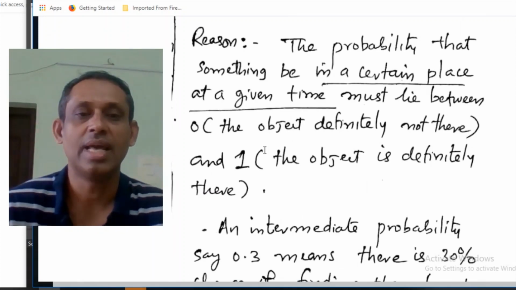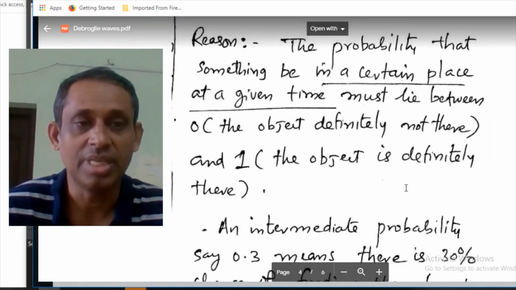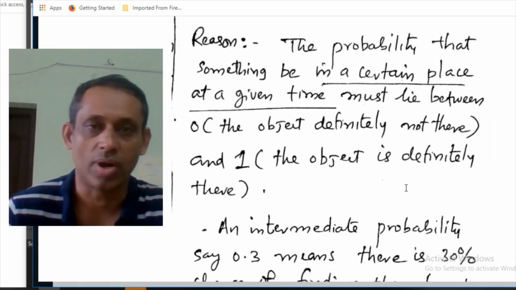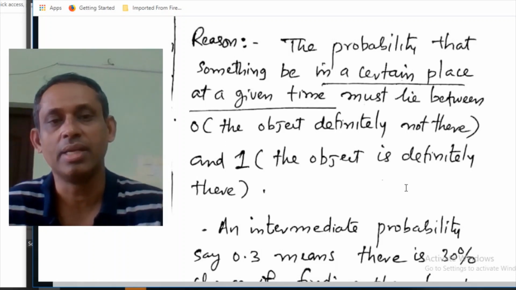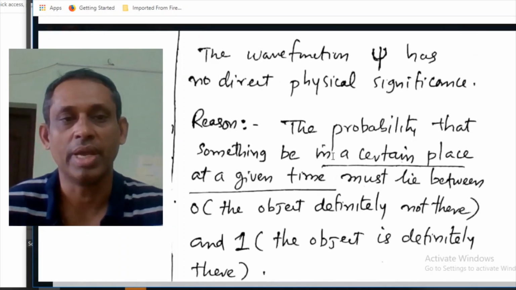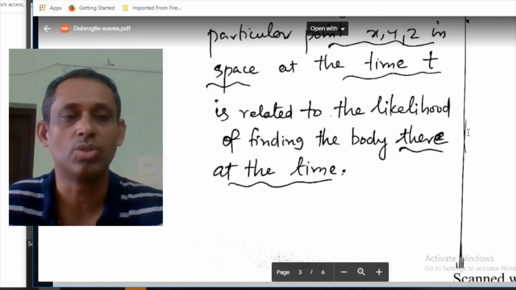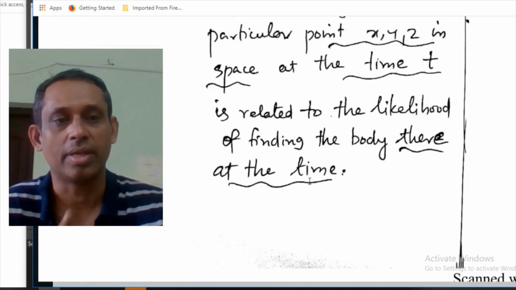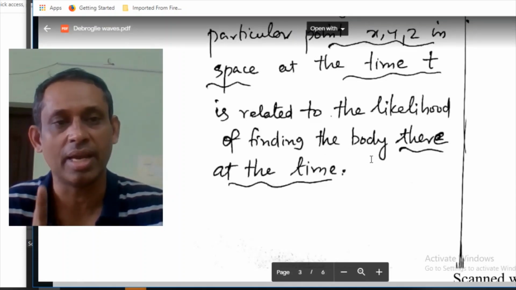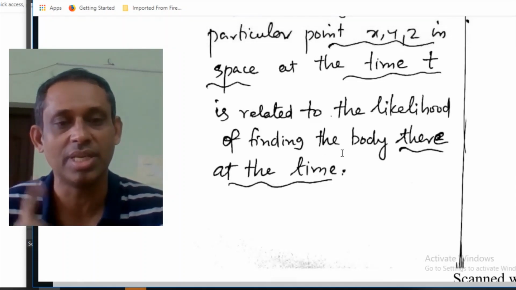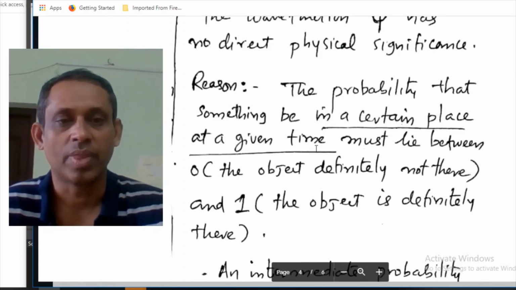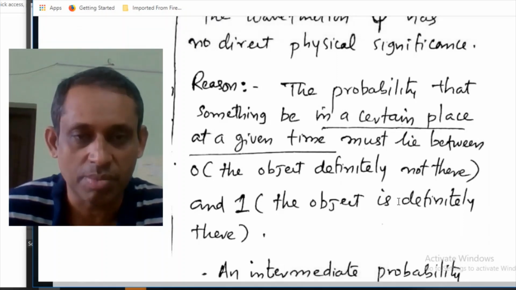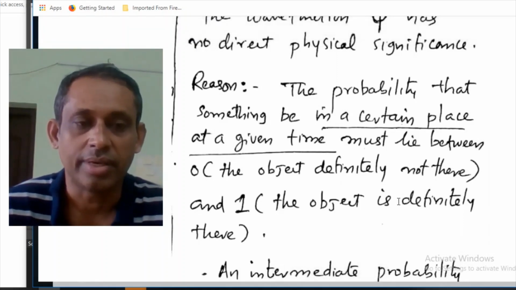The probability that something be in a certain place at a given time must lie between 0 and 1.